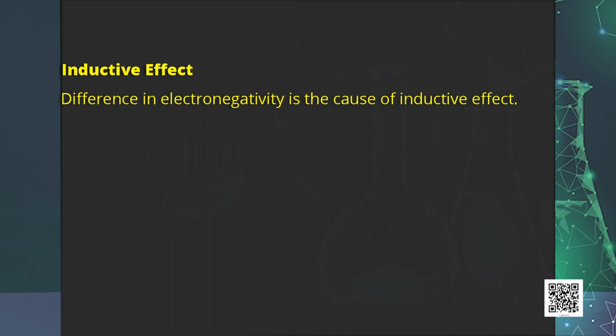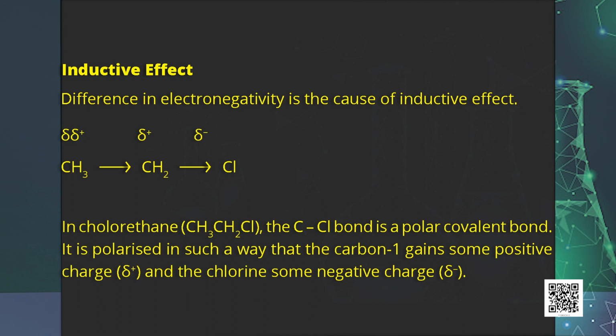For example, let us consider chloroethane. Its formula is CH3CH2Cl. As you can see in this slide, in chloroethane, the C-Cl bond is a polar covalent bond. It is polarized in such a way that the carbon adjacent to chlorine gains some positive charge.